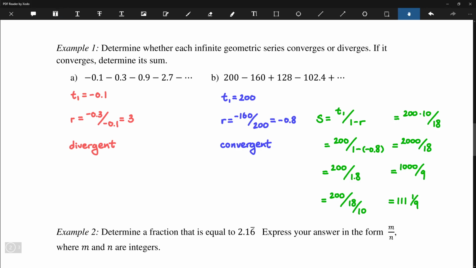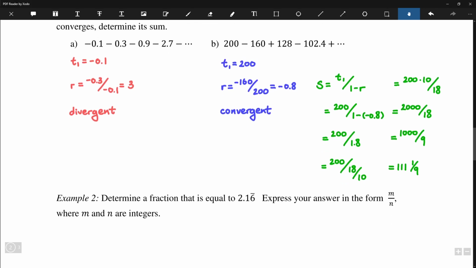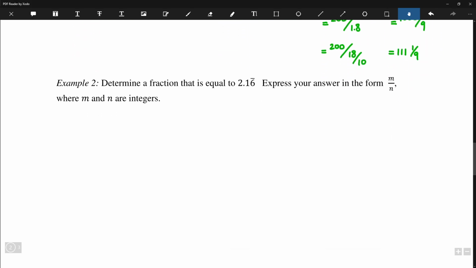Okay, so aside from applying the formula directly, there's other things we can do. So, okay, example 2. Determine a fraction that is equal to 2.1 with 6 repeated. Write as a fraction, m over n. All right, so in order to do this, we first have to understand what 2.16 repeated really means.